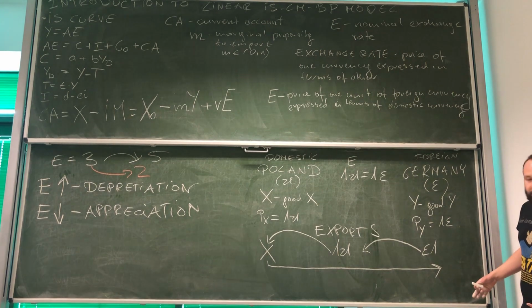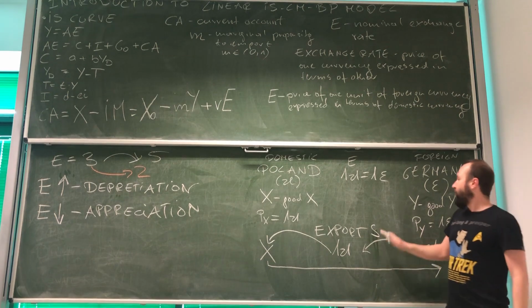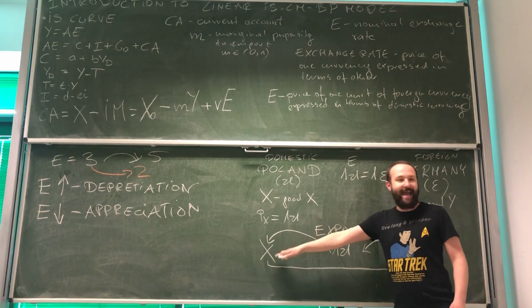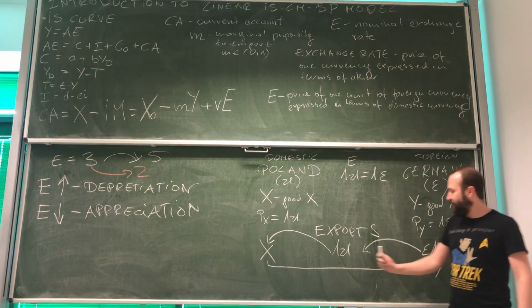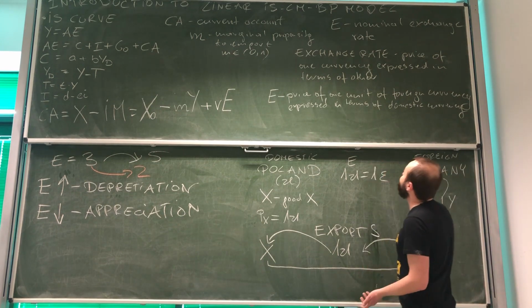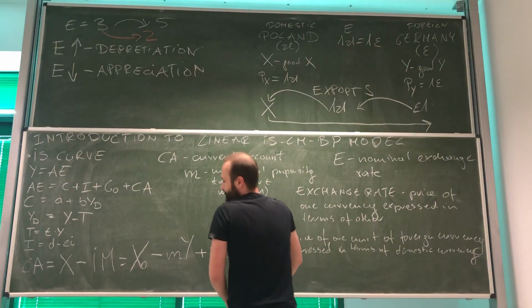And as a result, we had Polish exports, right? Person from Germany just purchased 1 unit of good X from Poland. Of course, first, they had to exchange 1 euro for 1 zloty.